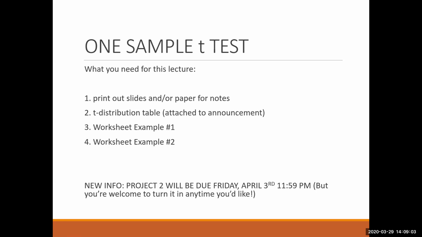You'll need the t-distribution table, and this was also attached to the announcement. The announcement for all of these items was entitled One Sample T-Test and Stuff, I believe. So everything should be attached there, including the link to this lecture. You'll need both of the worksheets. The worksheets say example 1 and example 2.